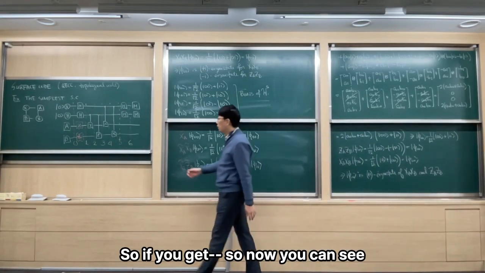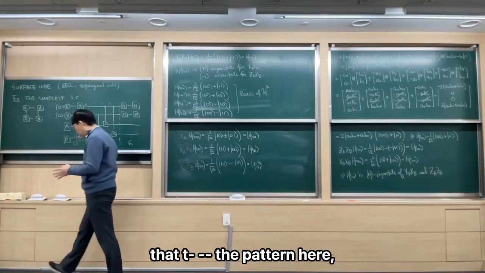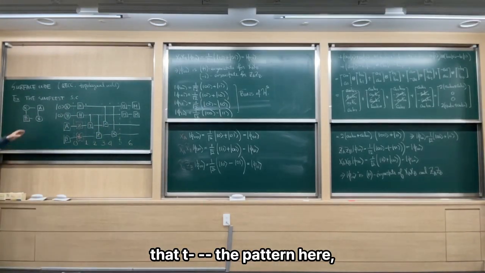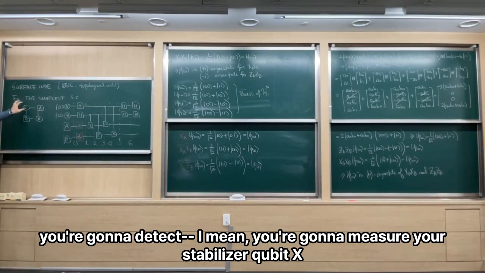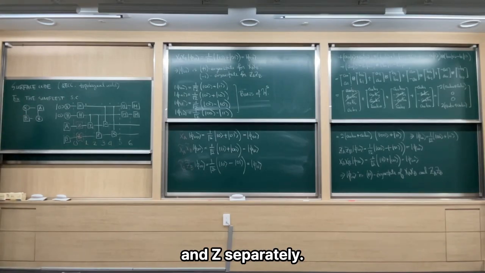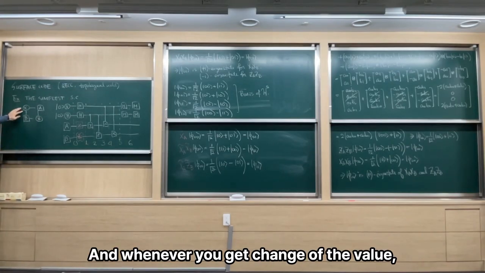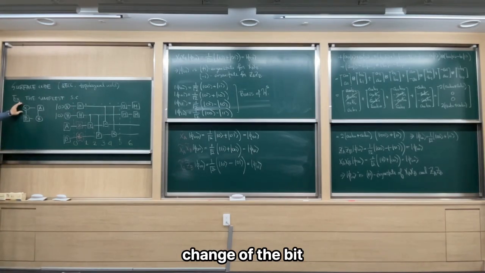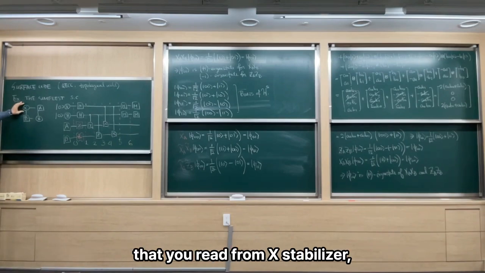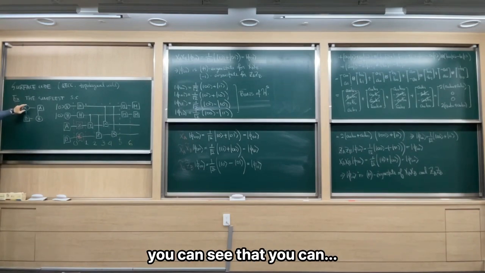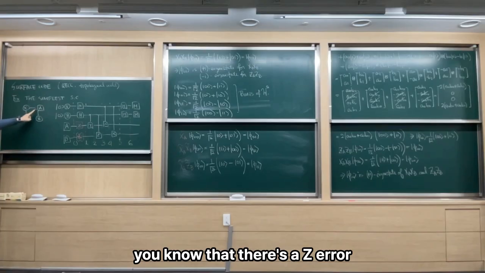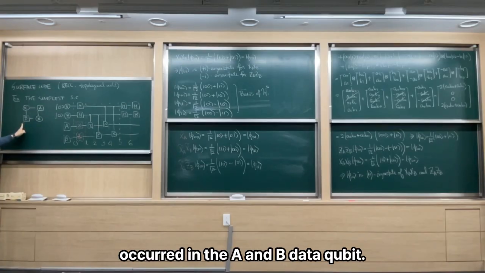Now you can see the pattern here: you measure your stabilizer qubits X and Z separately. Whenever you get a change of the bit that you read from the X stabilizer, you know that a Z error occurred in the A or B data qubit.